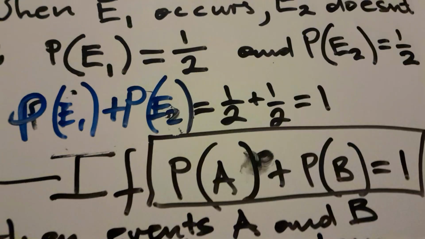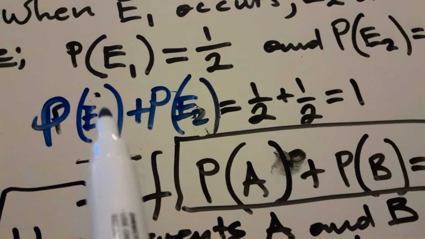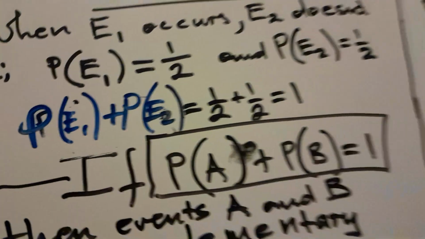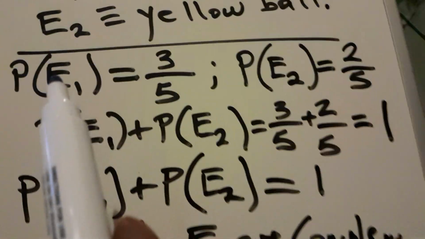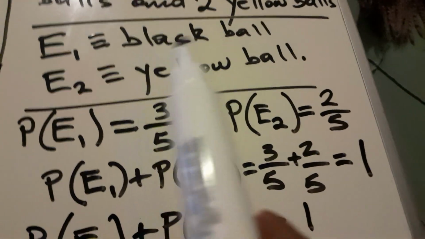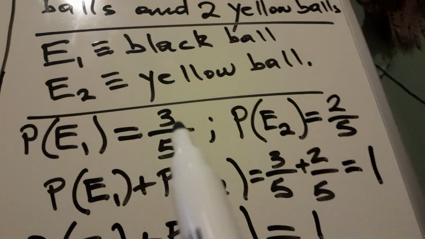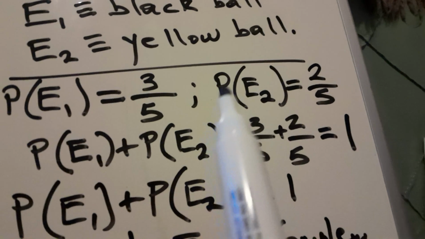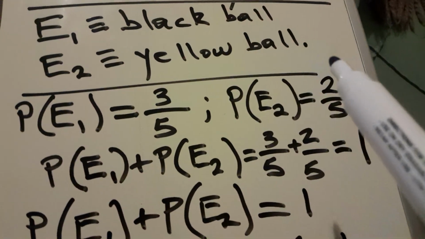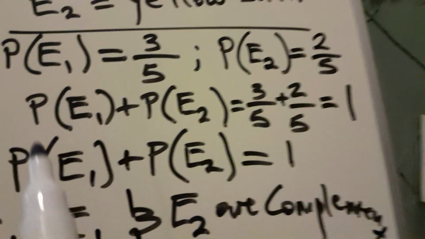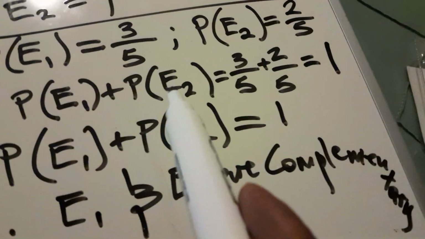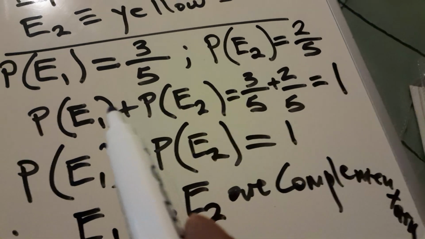Going back, take note that now we just said these two events are complementary. Even in this situation, the probability of getting a black ball is 3 out of 5. The probability of getting a yellow ball is 2 out of 5. Let's see what happens when you add the probabilities. These events are complementary.